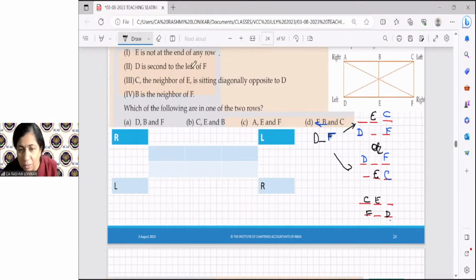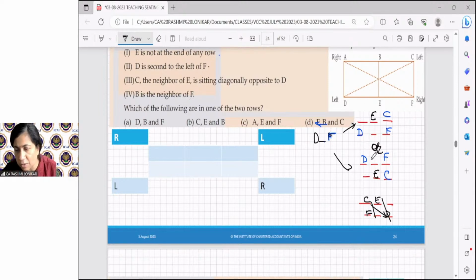Why? Because D is second to the left of F. So we cannot have it like this, because if I put C over here, diagonally opposite is this direction, which is not possible. So this goes away. In the second case, if I put C here, then D will again be here, which is again not possible. So I will not use this. It is to be EC and not CE.